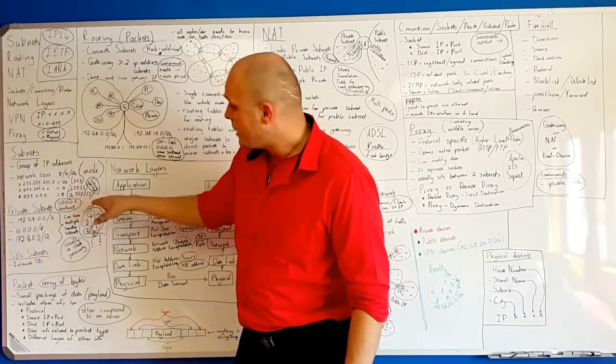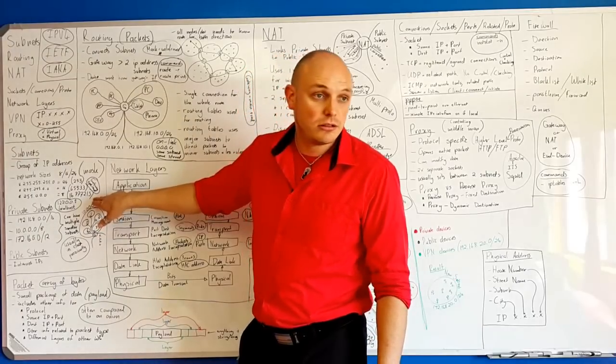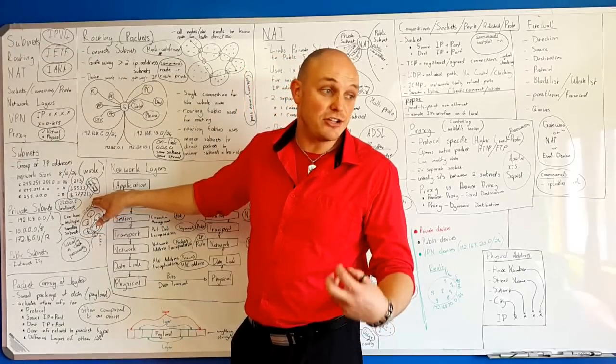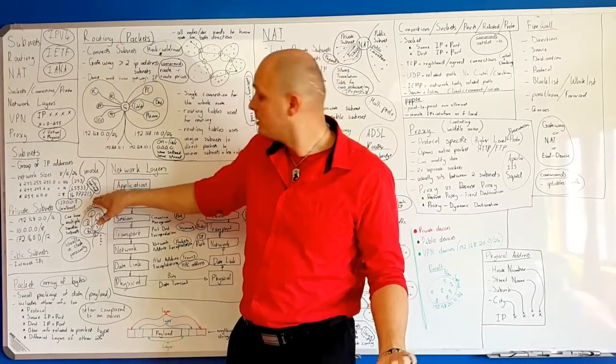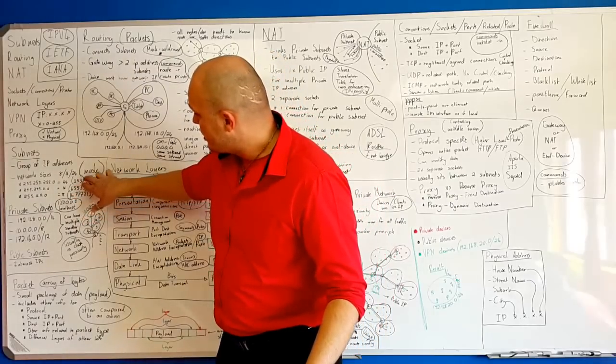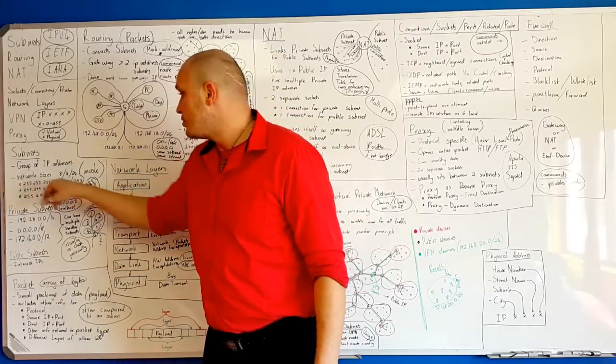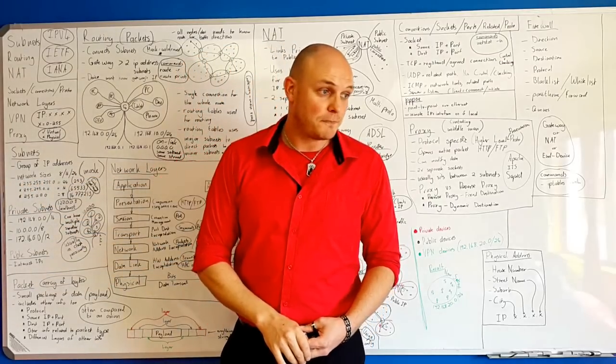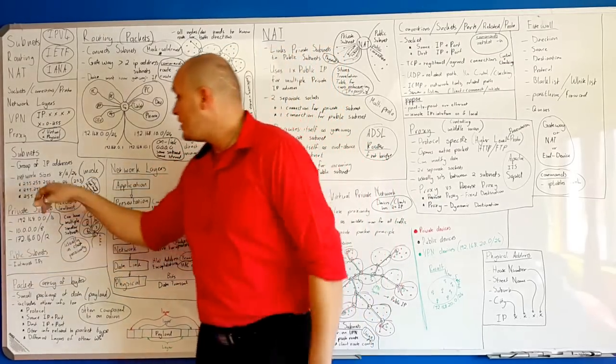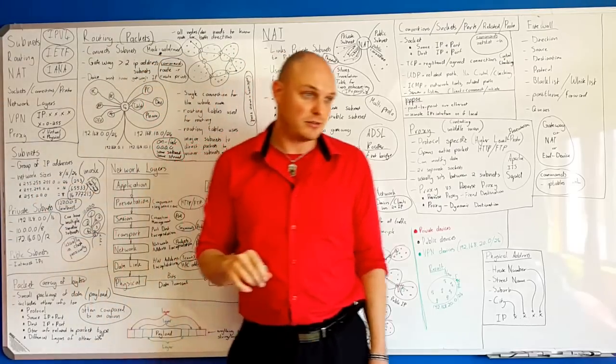I've written the numbers down here as well, which is the amount of IP addresses that that network can possibly contain. The number in brackets here is obviously the amount of IP addresses. So the top one would be 253. And we can also say that it's a 24-bit network mask.